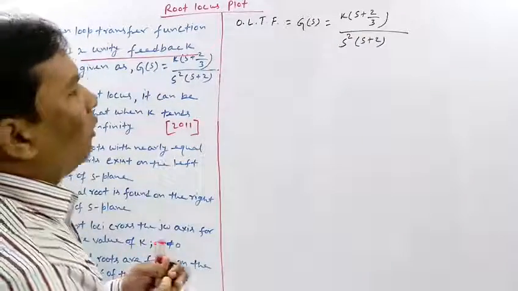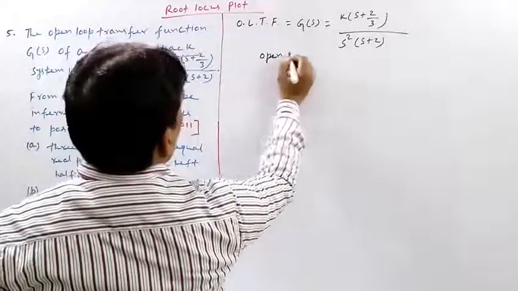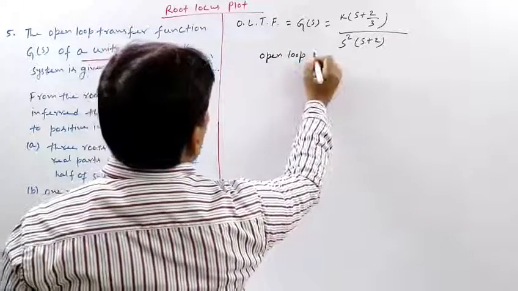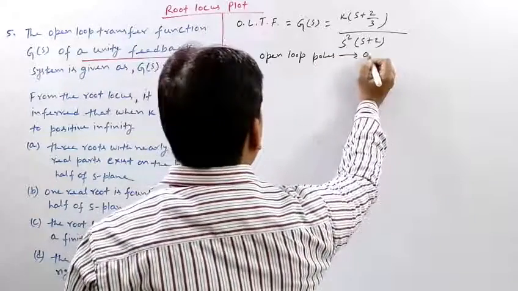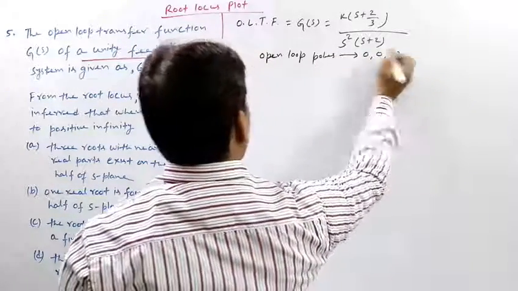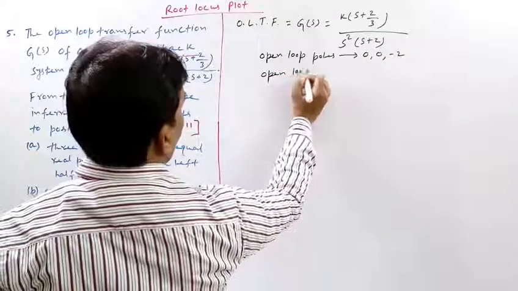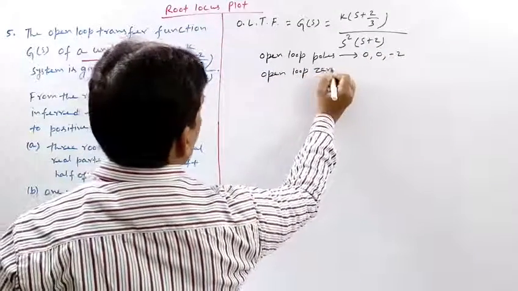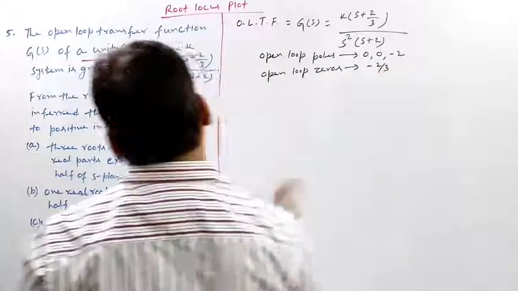Now the open loop poles. What are the open loop poles? 0, 0, minus 2. Open loop zeros: this is only minus 2/3.